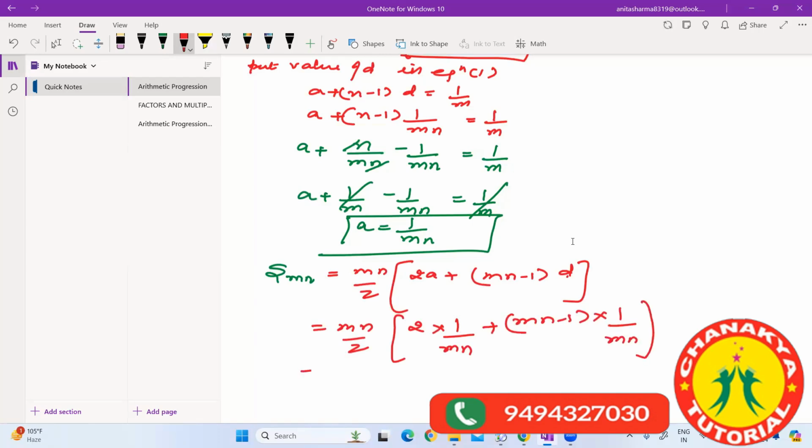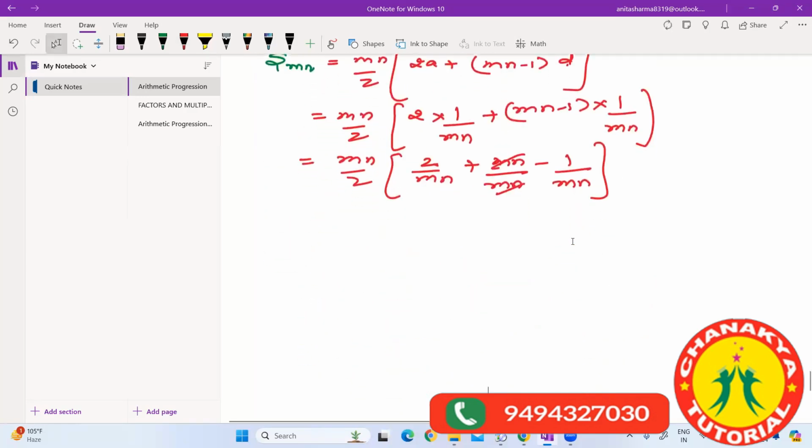Just solve it. So mn by 2, 2 plus mn minus 1 upon mn. Now the mn cancels. Now mn by 2 into 2 upon mn minus 1 upon mn plus 1.